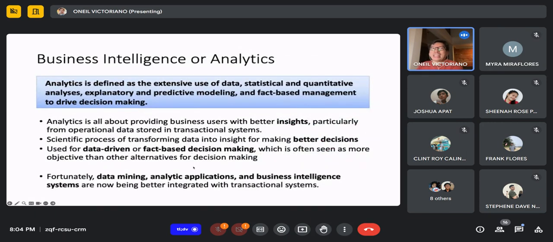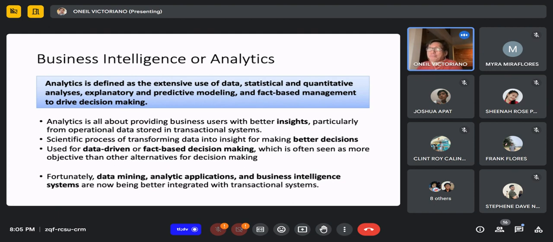And we define analytics or BI, business intelligence, as the extensive use of data, statistical and quantitative analysis, exploratory and predictive modeling, and fact-based management to derive decisions. Why do we call it fact-based? Because this is data-driven. So this is basically the definition, and it provides insights. That's the bottom line: to make better decisions, and it's data-driven, fact-based.